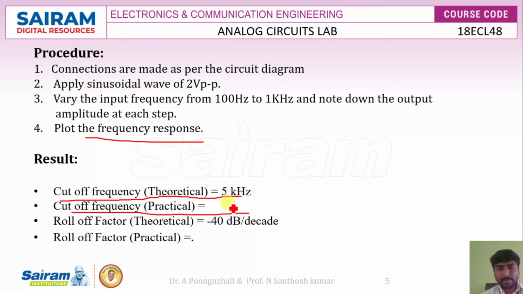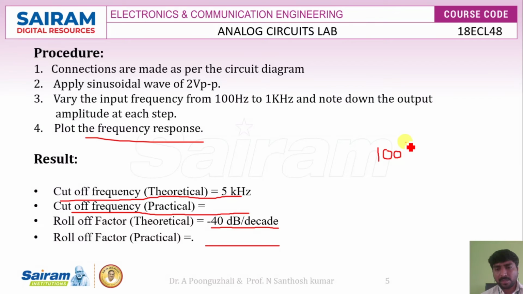And then we have to note down the theoretically designed frequency, and see what frequency we are getting at the 3 dB point on the graph. So that will be our practical frequency, and then we have to check the roll-off factor. Theoretically, it will be 40 decibels per decade for second order filters. Practically, we have to find what roll off we get for this second order filter. So how do we find it? For every decade of frequency.